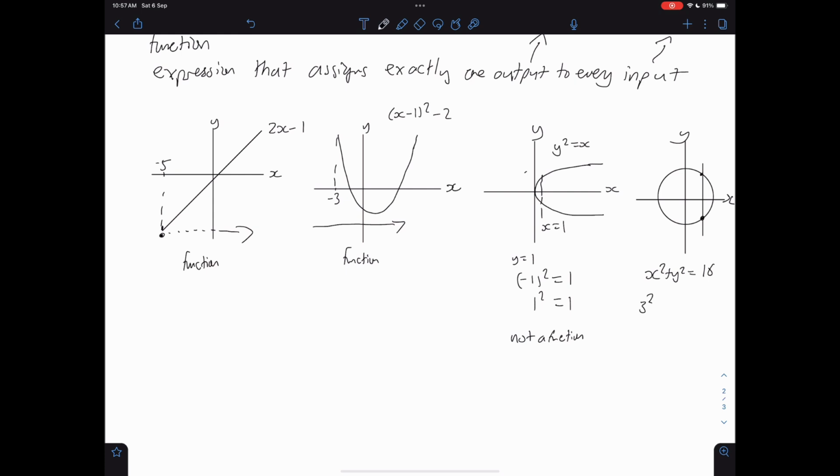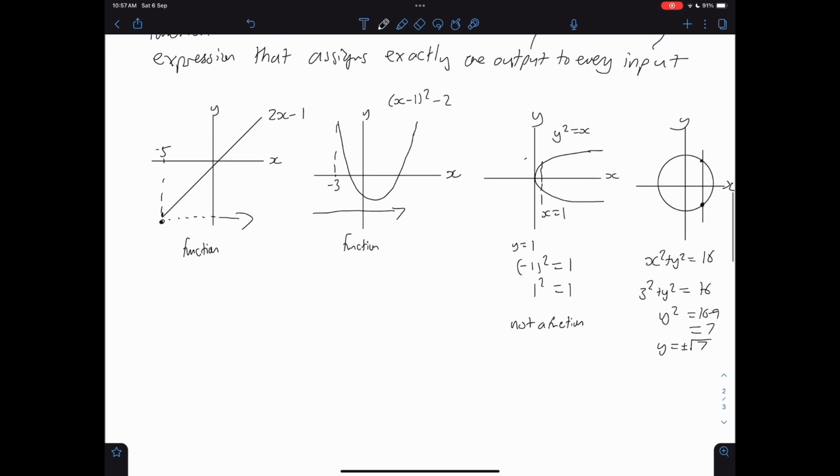Then if we do some rearranging, we get this. So that means y, because that's a squared, will be plus or minus root 7. So that's two different answers for y, and so this is also not a function.